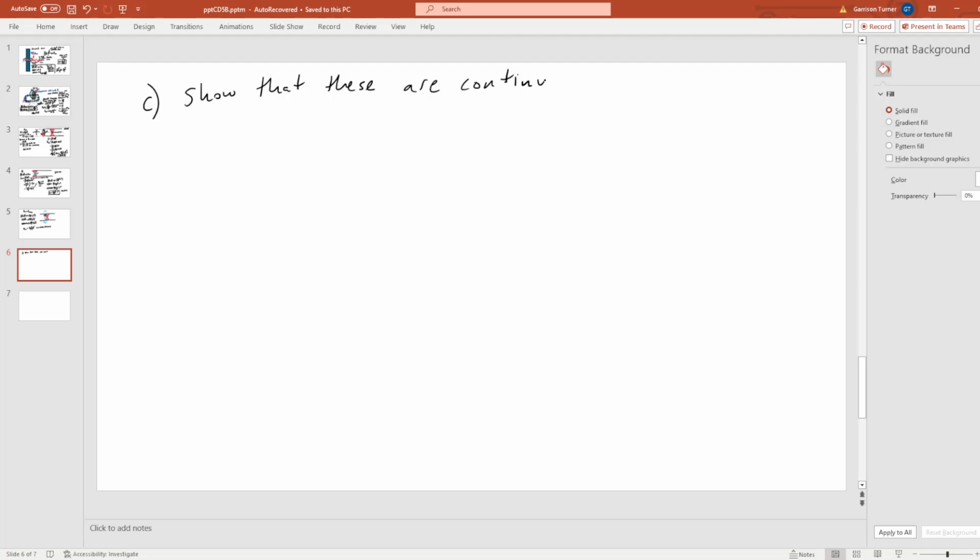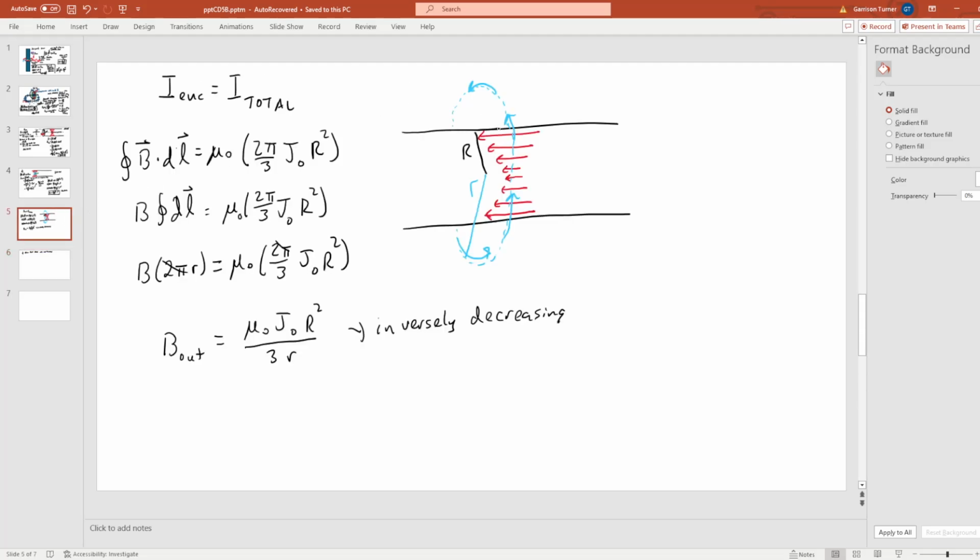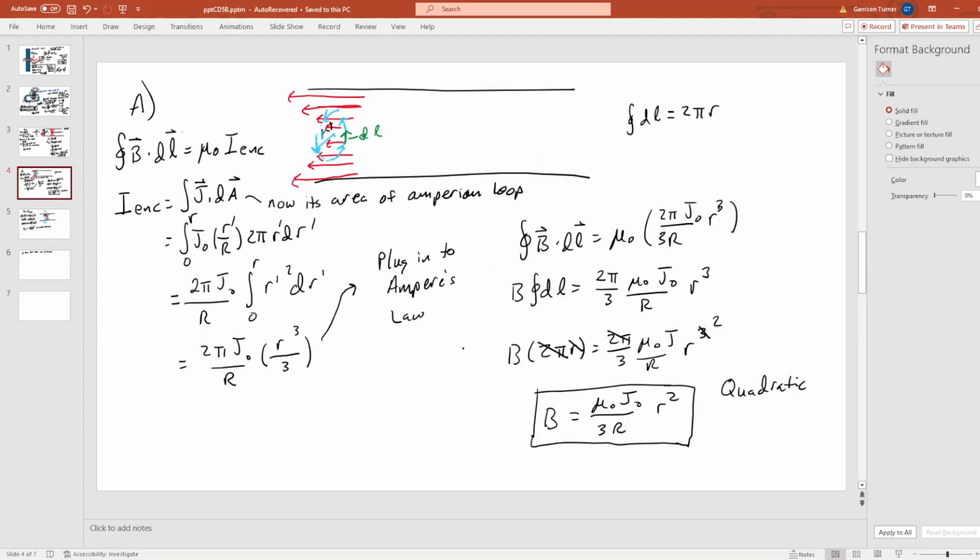What this means is that on the boundary of the wire, my magnetic field formulas had better give me the same thing. So if I look inside the wire and go from the center toward the surface of the wire, when I hit the surface I will get some magnetic field due to this formula.